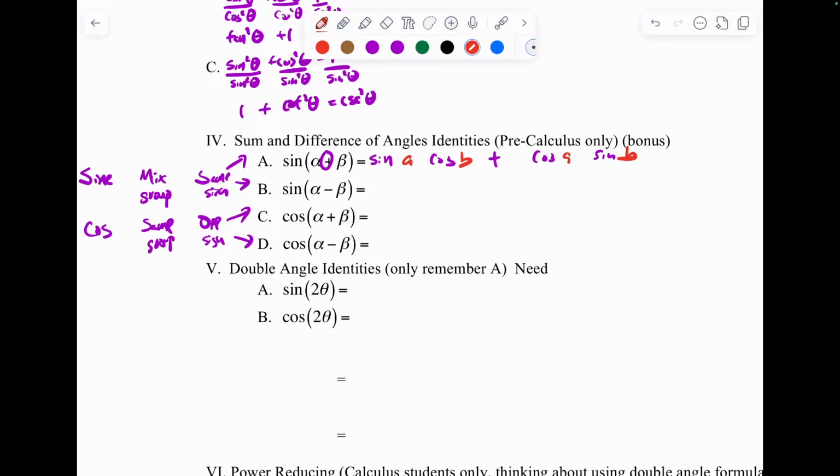So cosine, sine. Same thing for the other one: I'm going to write down the mixed group, sine and cosine, and cosine and sine. And this is a minus, with A, B, A, B. And this is the sum and difference formula.